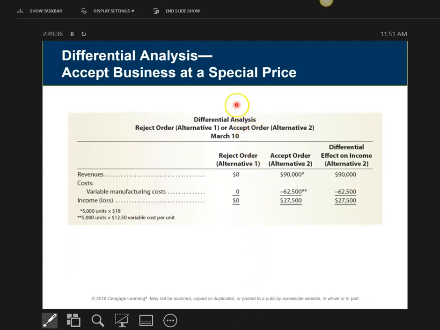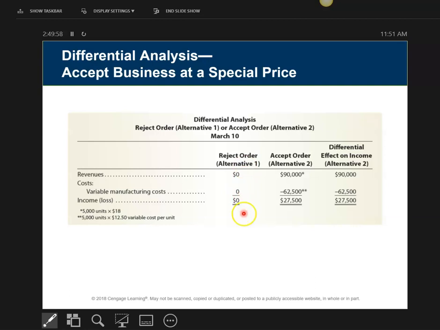So in this scenario, alternative one is always to say no because you were not doing it anyway. Alternative two would be to accept the order. So notice if I say no, I don't have any additional revenue. I don't have any additional variable costs, and I don't have any additional income. So these will all be zero here.